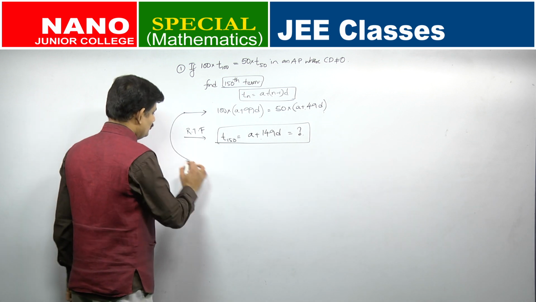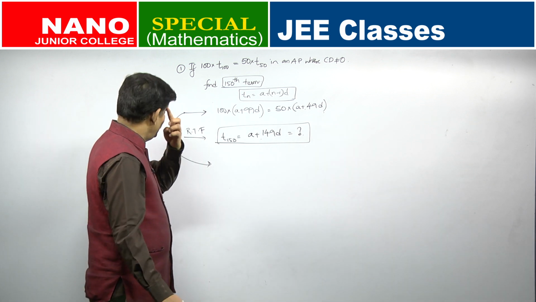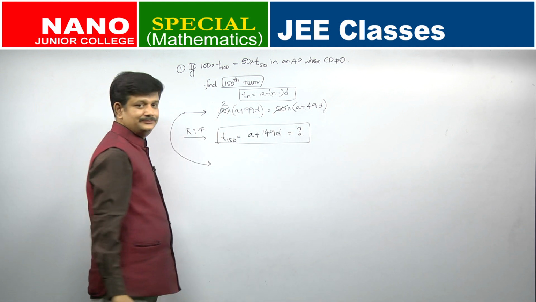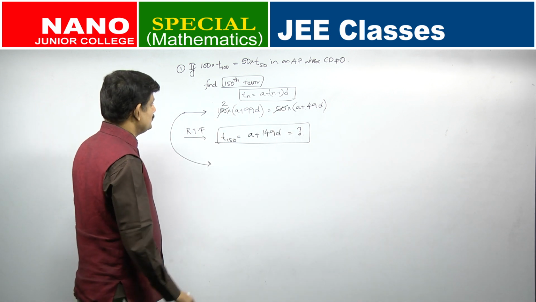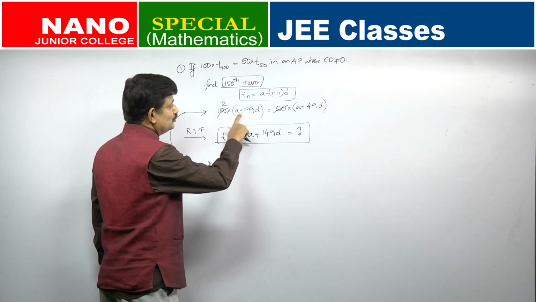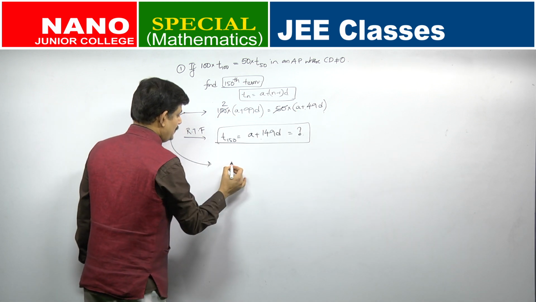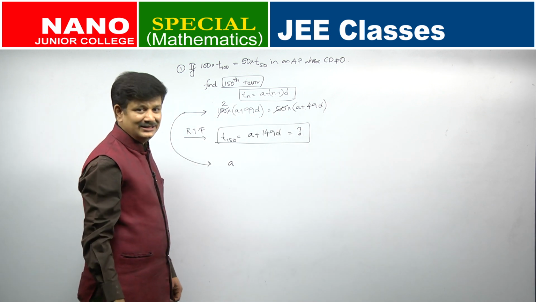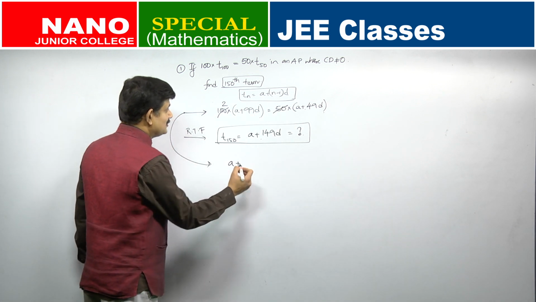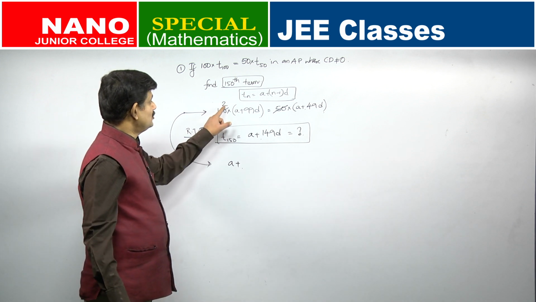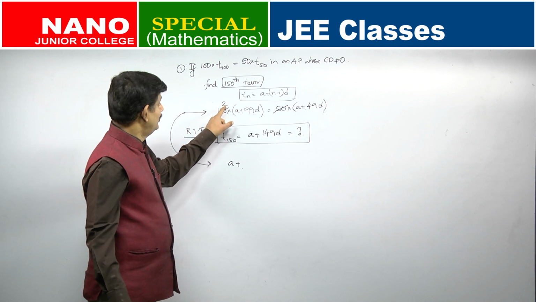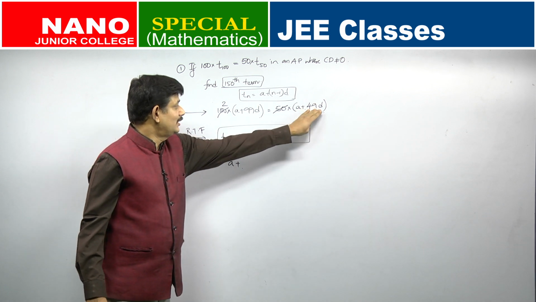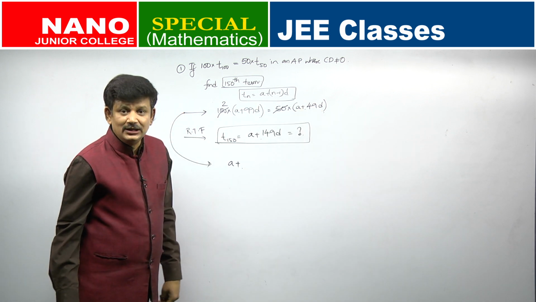So, let us move from here. Can I simplify this? Yes, 50 gets cancelled 2 times. What am I left with? 2a and a, so 1a also gets cancelled, and I will be left with a plus 198 d, from which I subtract 49 d.